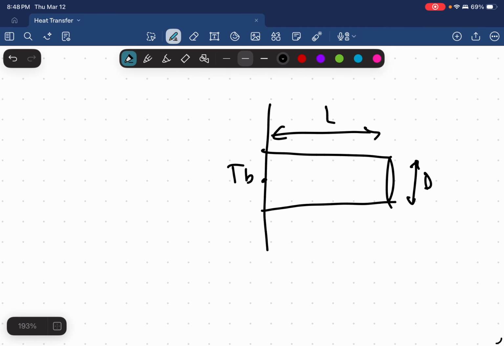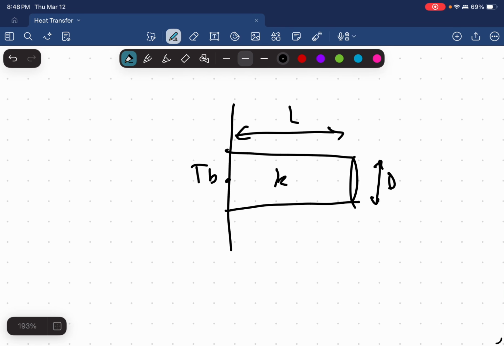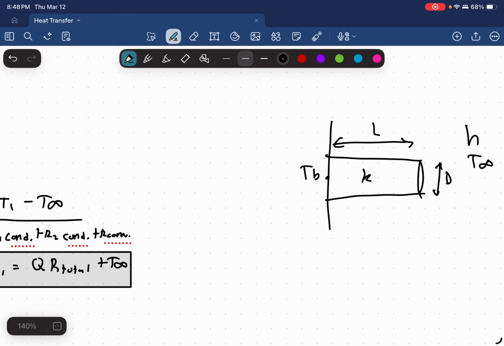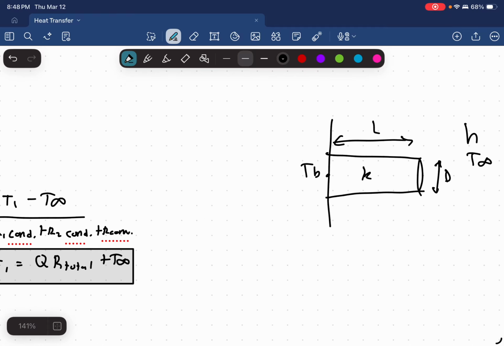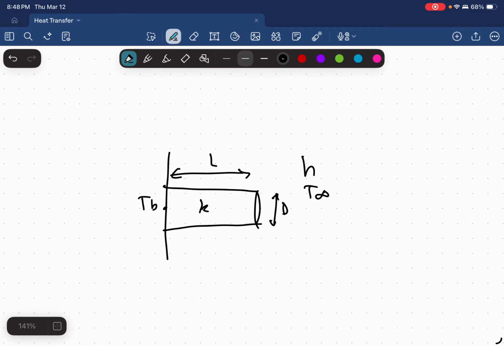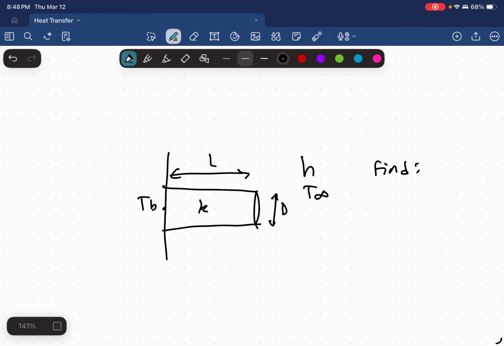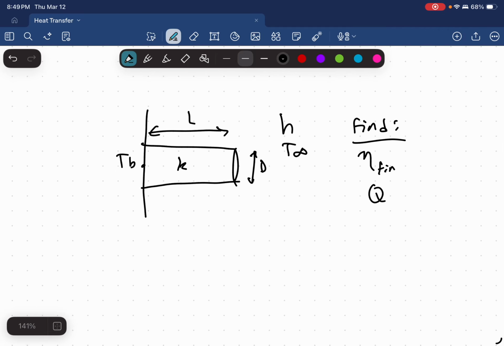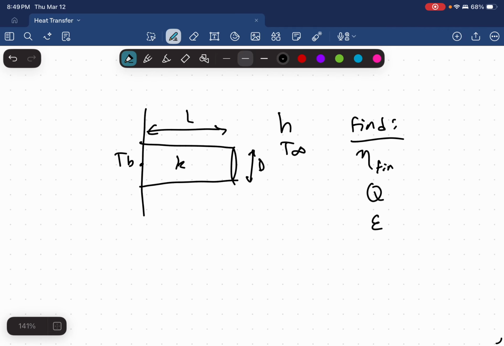I'm going to keep it arbitrary once again. Okay, so some things that it may ask to find are the efficiency of the fin, the heat rate, and the effectiveness.